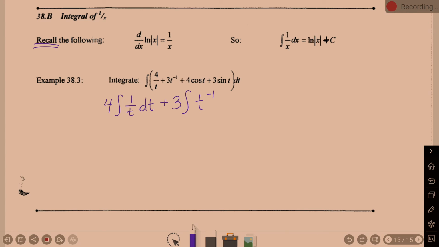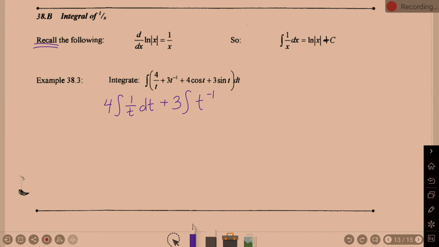Any power other than negative 1, you always add 1 to the power and divide by that new power. Negative 1 is the special case, because you then get 0, which takes us to a constant, but it's not supposed to be a constant.